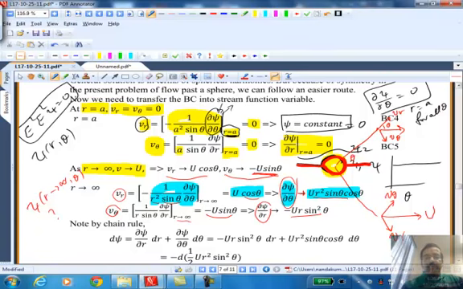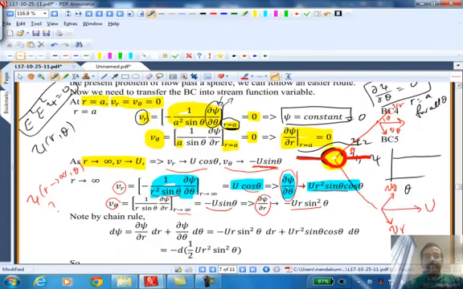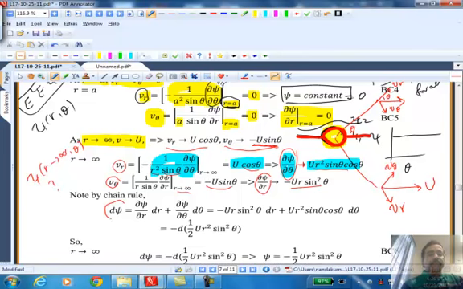So by using the chain rule, because we know that psi is a function of both r and theta, we can write d psi as d psi dr times dr plus d psi d theta times d theta, which simply says that the stream function can change if I change r a little bit or theta a little bit. Now I know how d psi dr changes and how d psi d theta changes.